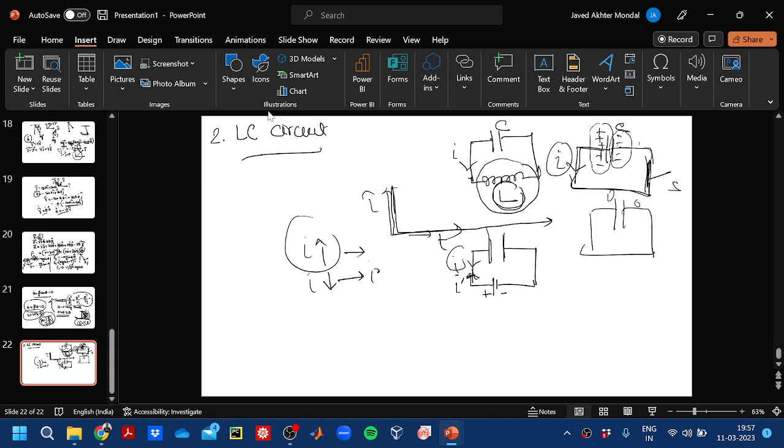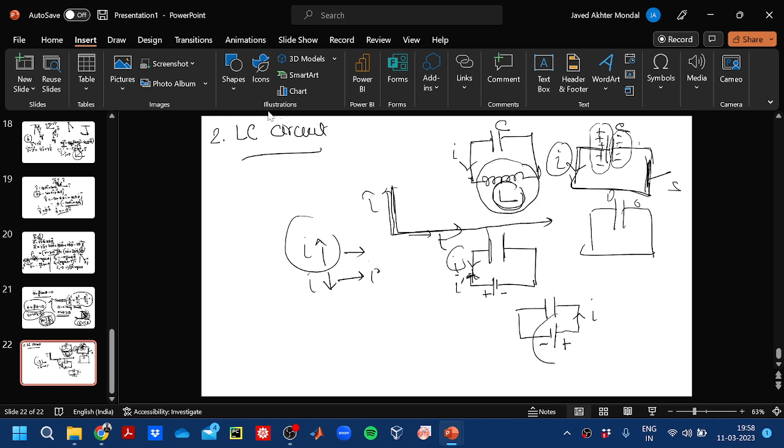In that way, whenever the charge on the capacitor will be zero, the inductor will make sure to make a flow of current in this direction. So in that case it will act like this.